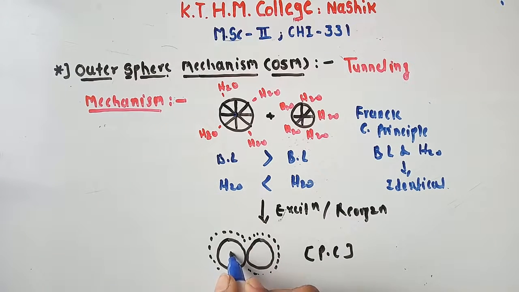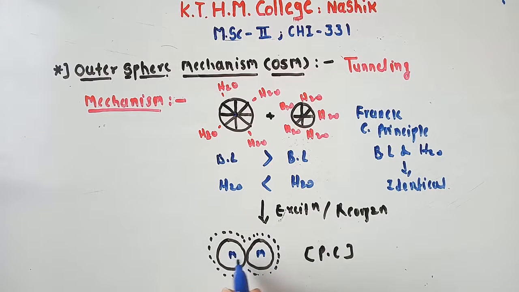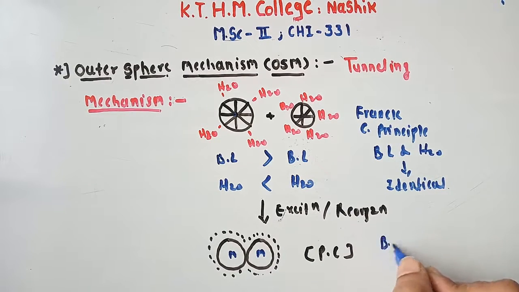Obviously here is your metal and here is your metal. Now see the difference, the distance between both metals is very less. This is the formation of precursor complex after reorganization. In this reorganization, the bond length and number of water molecules are identical.